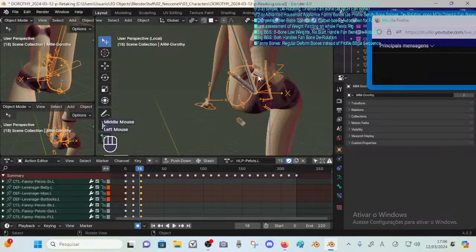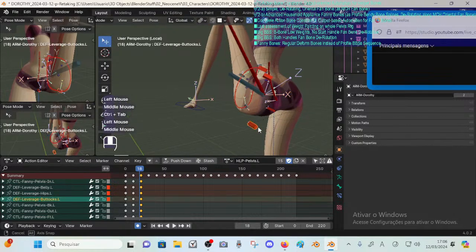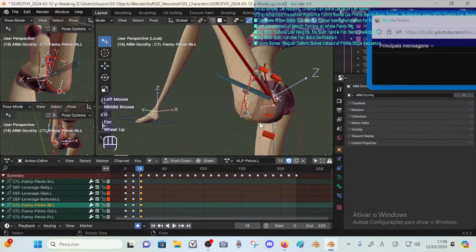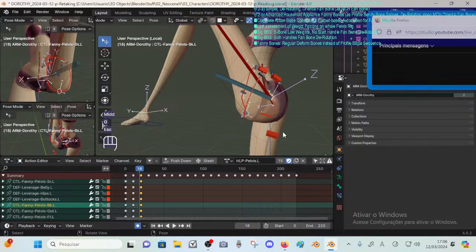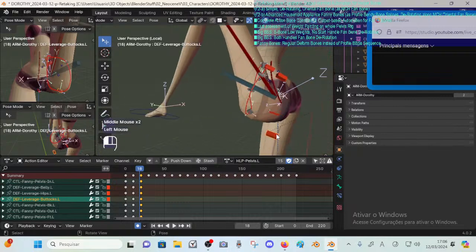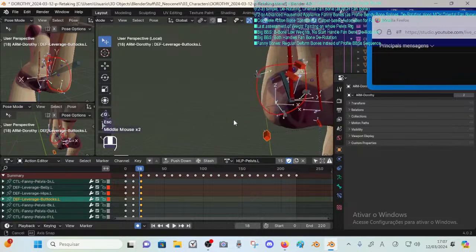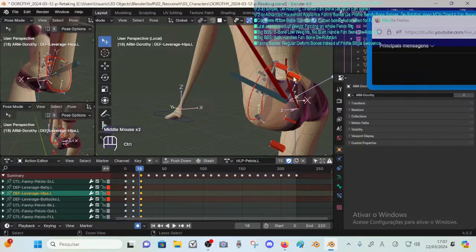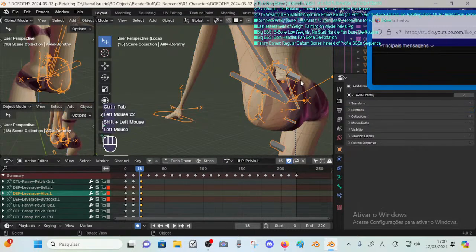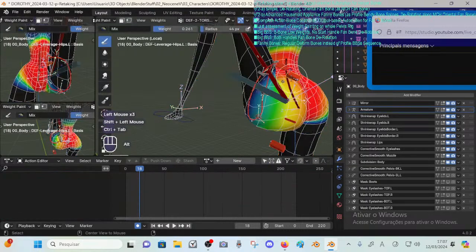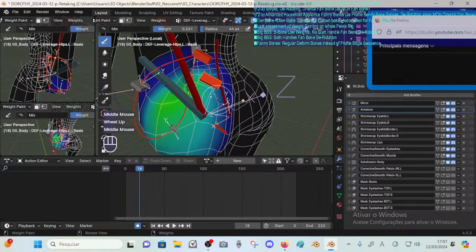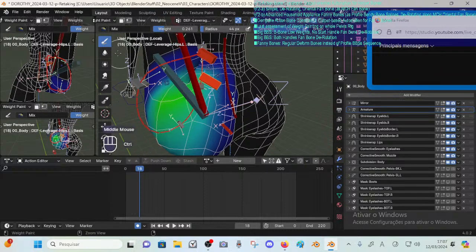There's still too much behind, and maybe it's a bit crazy, but I feel like it would be beneficial to have more waves, or maybe this bone could have more influence on the gluteus medius, which is about here.